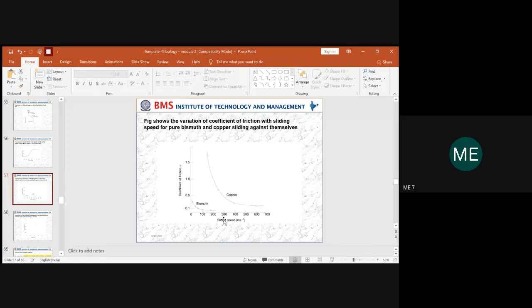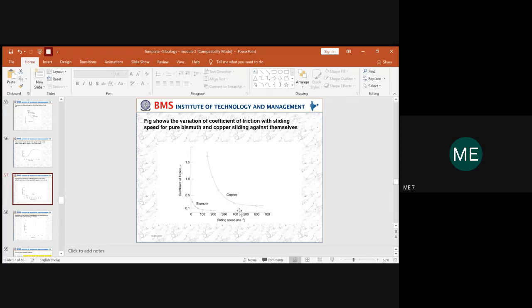Truly speaking, here the tendency of coefficient of friction with respect to copper surface in area of contact is more than that of bismuth layer. If you are using bismuth with bismuth layer, meaning the mating part is also the same, then the coefficient of friction you get will be comparatively smaller than that of copper.